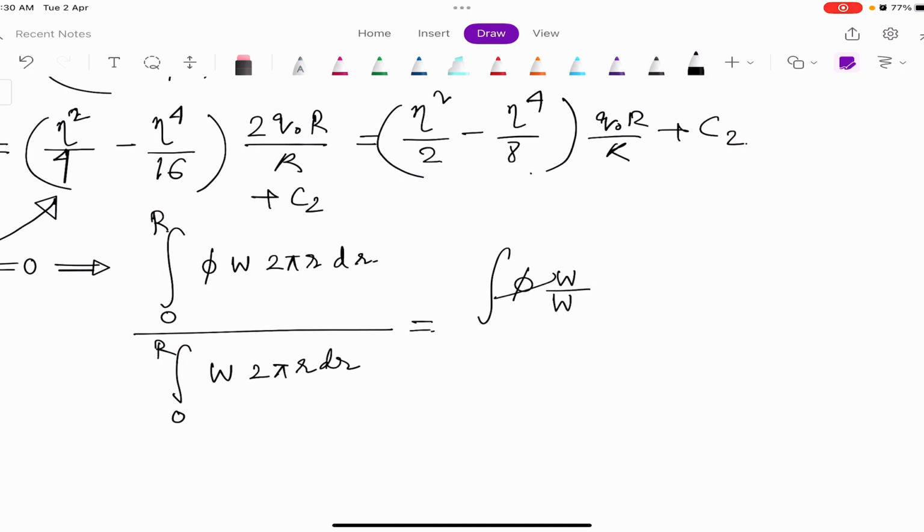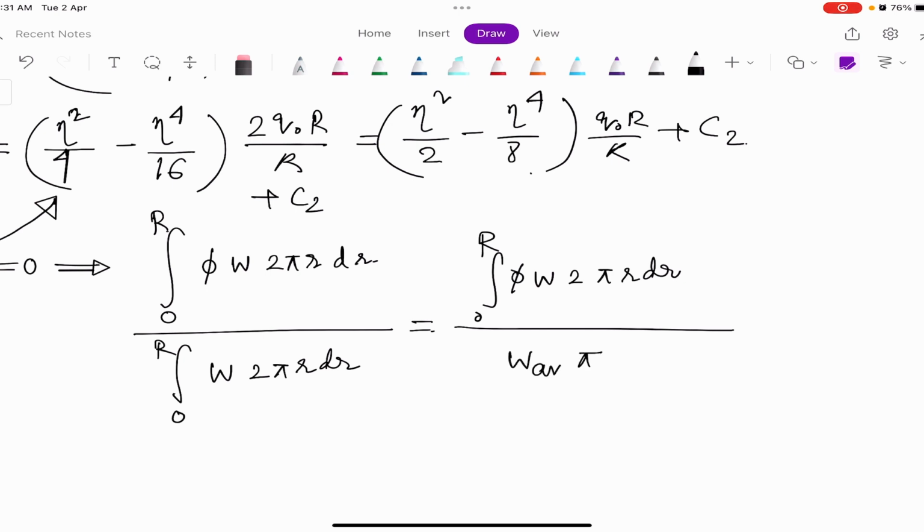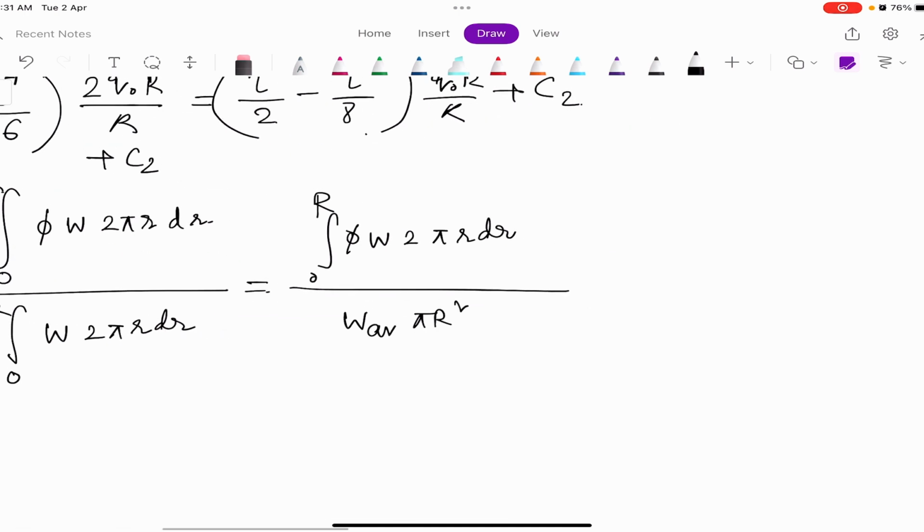Let me not jump the step. So this will be φ w 2πr dr. Now I have shown that the denominator is w average into the cross section area πR². So π and π cancel out, and I can write w by w average, and then 2 into r by R, and one r by R I will take as dr by R here.